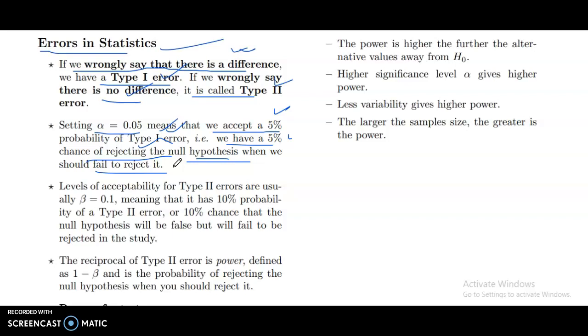The level of probability for type 2 errors is usually beta equal to 0.1, meaning that it has a 10% probability of type 2 error, or a 10% chance that the null hypothesis will be false but will fail to be rejected in the study.